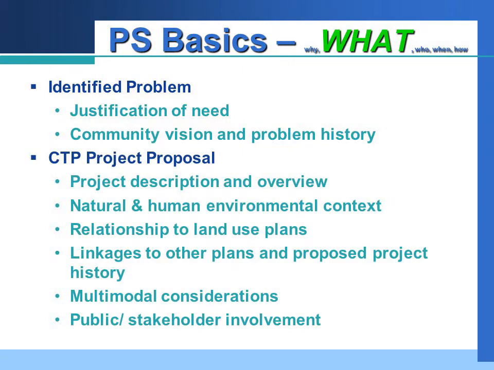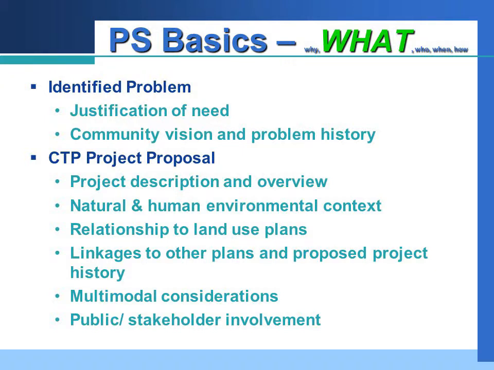The second section is the CTP project proposal. This is where the long-range planner documents information about the specific project proposal as included on the adopted long-range plan, or CTP. If alternatives have been studied in detail, information about the alternatives analysis is contained in an appendix of the CTP report. The problem statement focuses specifically on the project proposal as shown on the adopted plan.